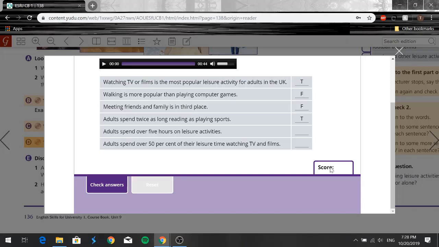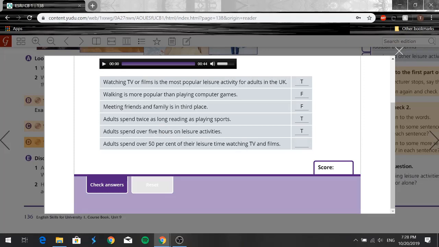Okay, so here's what we're gonna do. We know that the total is 335, right? So 335 minus 12, which is 12 minutes for sports, by the way, that gives us 323 minutes, right? So we'll say it's true, because adults spend over 5 hours on leisure activities in total.